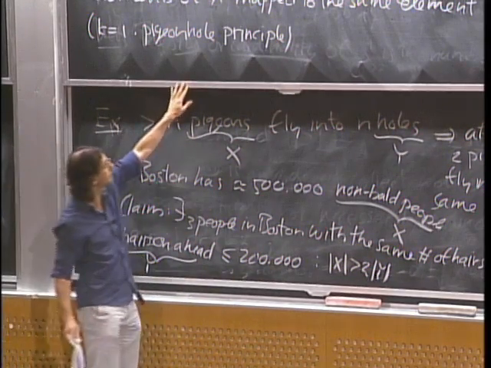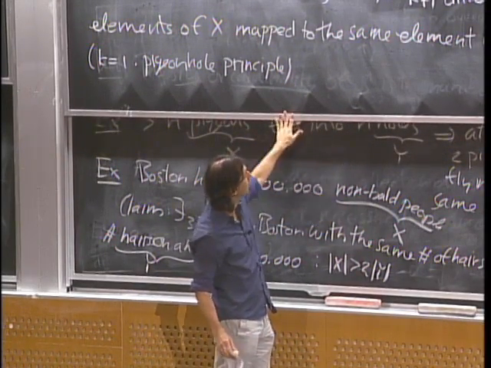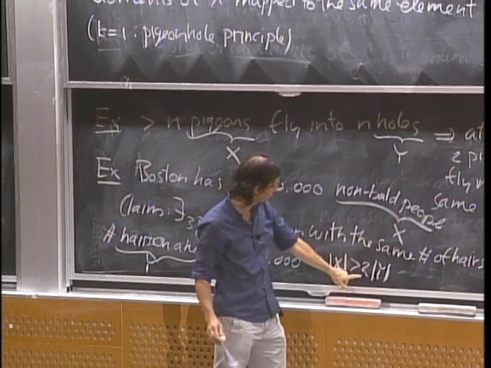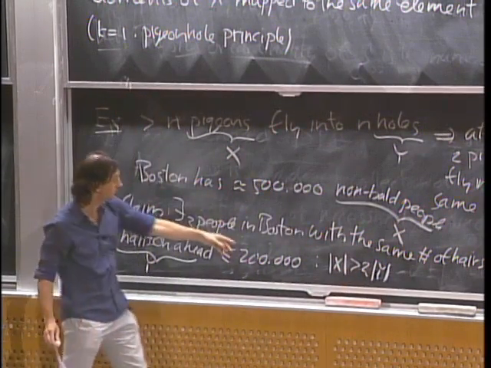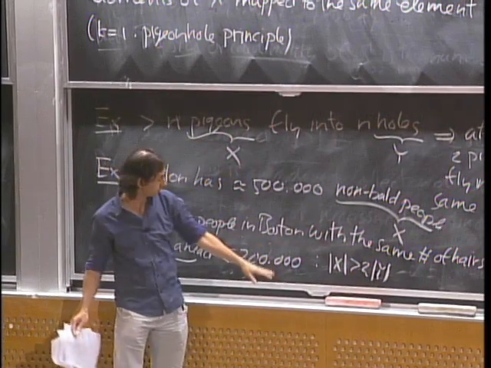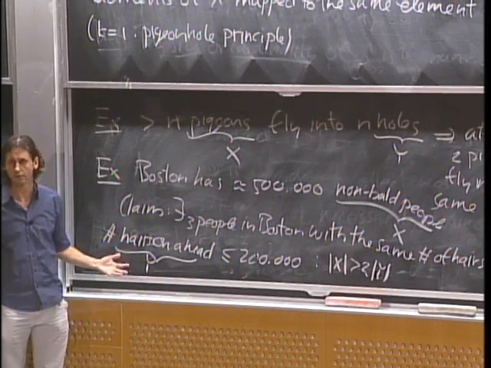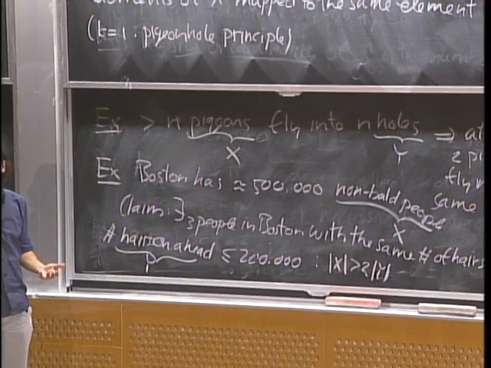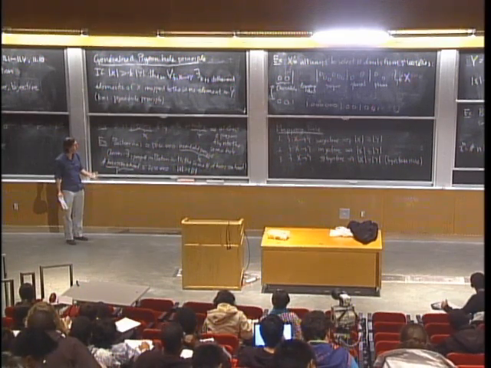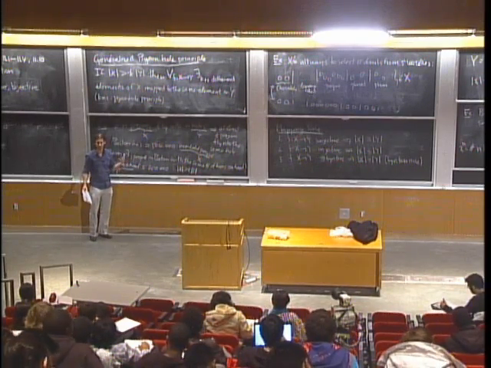So I know that by this particular principle, this particular mapping must have the property, because this holds for all mappings, that there are at least k plus 1, 2 plus 1, 3 different people in Boston out of this set X that are mapped to the same element in Y. That means that they have the same number of hairs on their head. So this is really surprising. We can make a statement without inspecting every single person's head, but we can still say that there are 3 different people in Boston that have the exact same number of hairs.